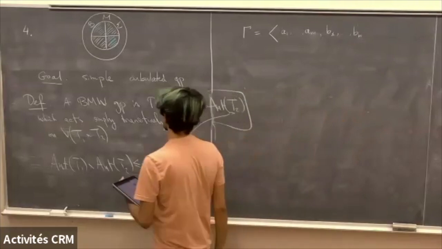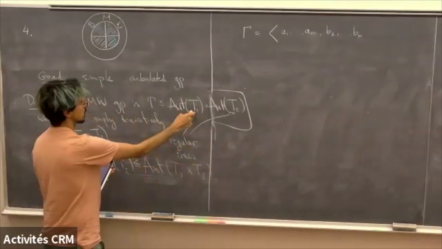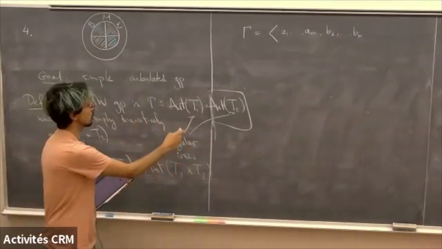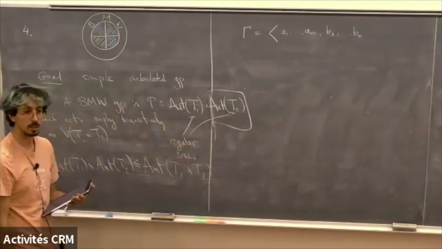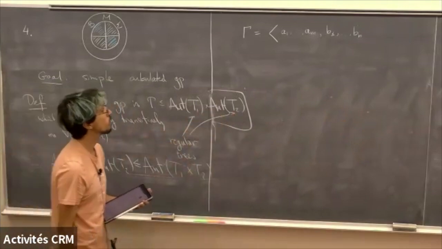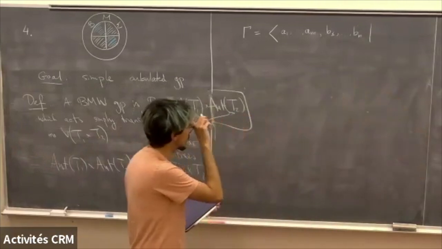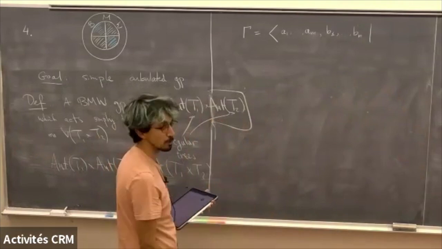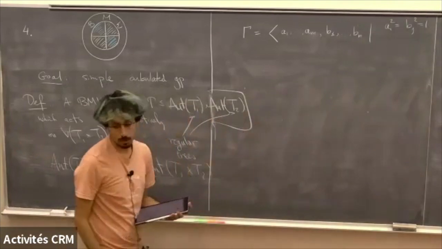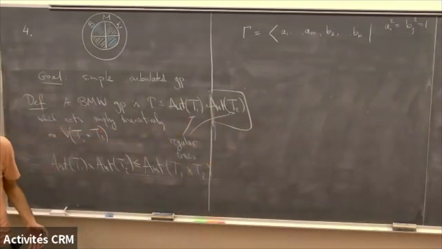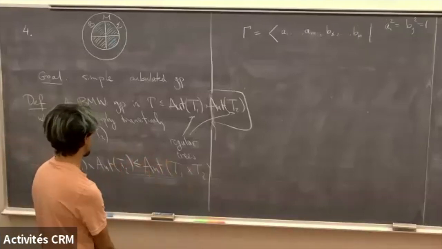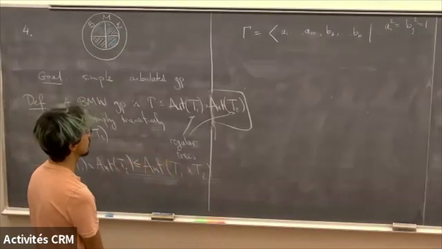These should correspond to the regularities M and N of T1 and T2. And they come with relations. One relation I'll always add is that I want all of them to be involutions. And now I need to add relations to form something that would act on a product of trees.